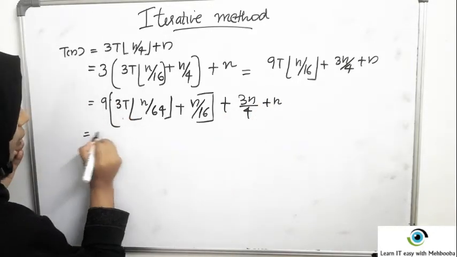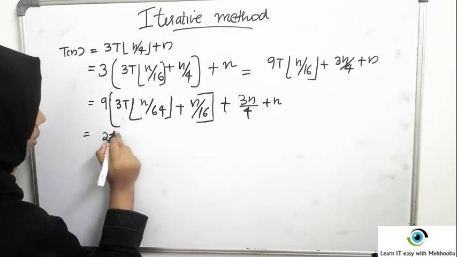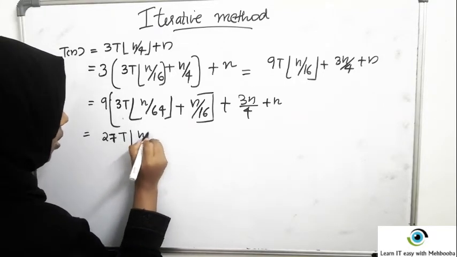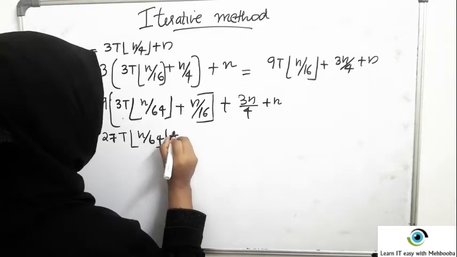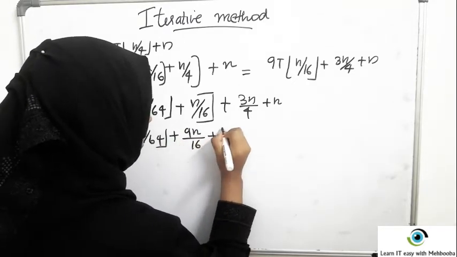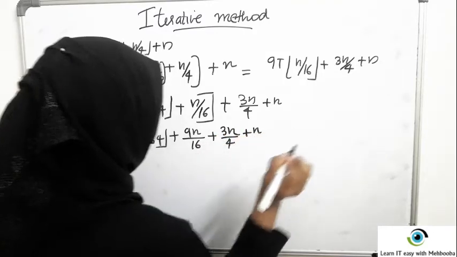So when you expand this, you will get 9 into 3, 27 T of n by 64 plus 9n by 16 plus 3n by 4 plus n, and it goes on.